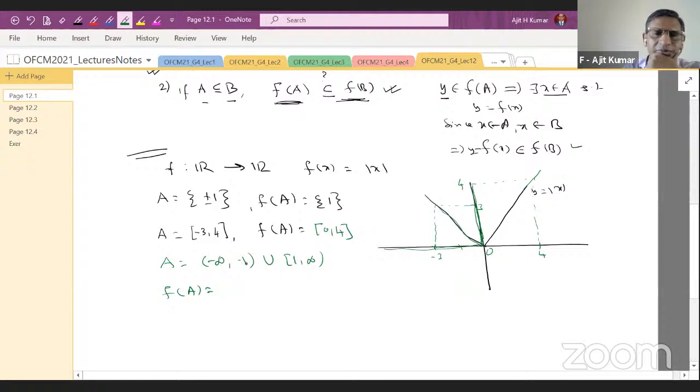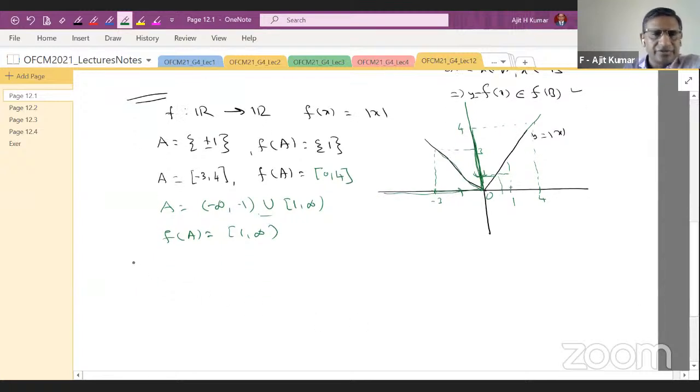So -infinity to -1 open, -1 is open, right? This will cover from 1 to infinity, this side. And this side again, this is from 1 to infinity. So 1 will be included in this case. So you are going to get 1 to infinity. Nothing between 0 and 1 is going to come. Yeah, this is quite easy.